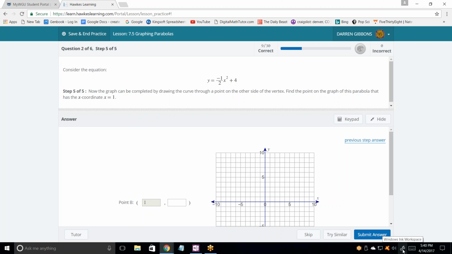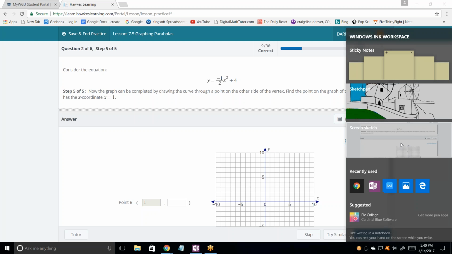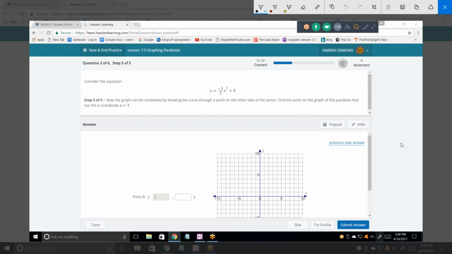And again, they're just having us substitute a value for x. So I'm going to write y equals minus 1/2 times the 1 squared plus 4. What value does this give us?